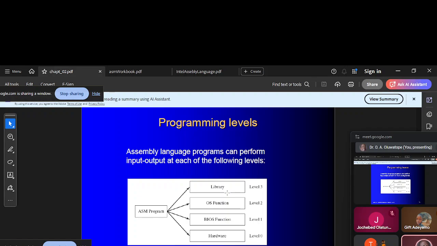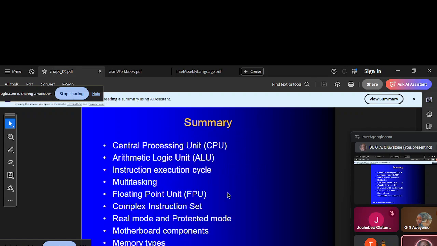You can also operate at the library level, which makes assembly language very, very versatile. You can write a library for it.